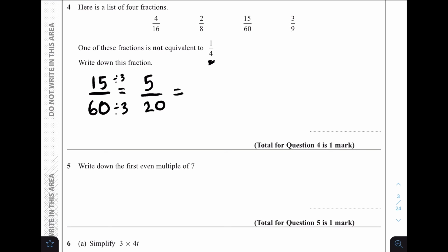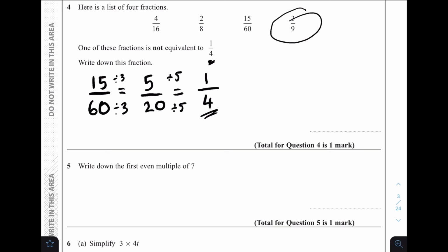And then we look for a number we can divide top and bottom by, and I'll just put divide by 5, divide by 5. So that will lead us to 1 over 4 again. So at this point you can just say that the last one is going to be your answer, because you can see that none of the others is equivalent to 1 over 4, but I will give you the reasoning for why the last one is the answer.